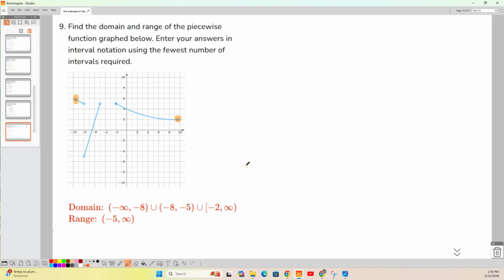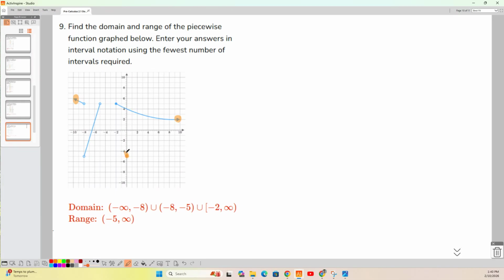So that doesn't mean that our y values will go to infinity or negative infinity. Here, it looks like they're approaching 2. So the lowest y value that we see kind of starts here at negative 5, but not including negative 5 because there's a hole, an open circle at negative 5 for the y.